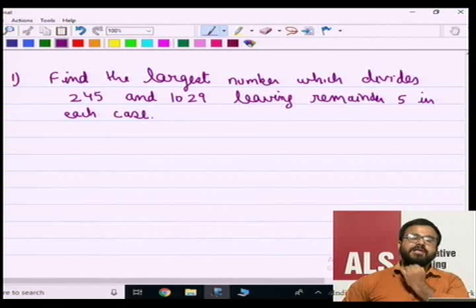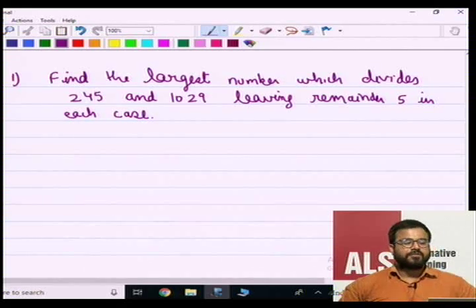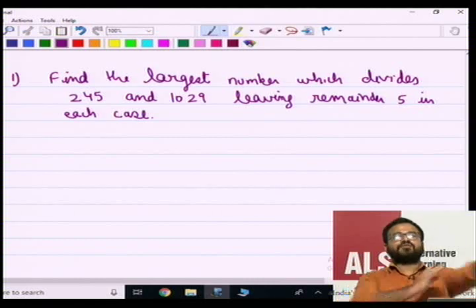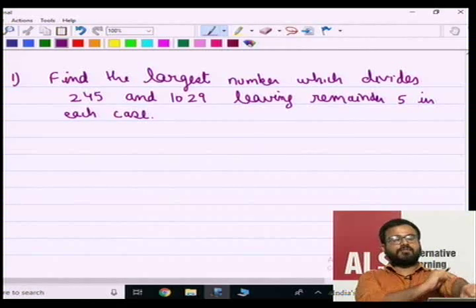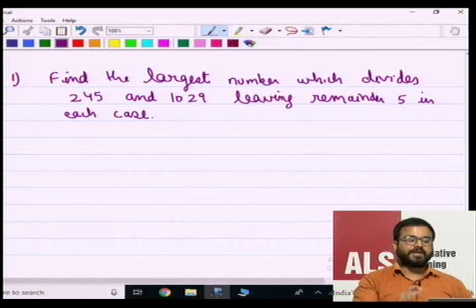The question is: find the largest number which divides 245 and 1029, leaving remainder 5 in each case. So we have to find the largest number which divides 245 and 1029.